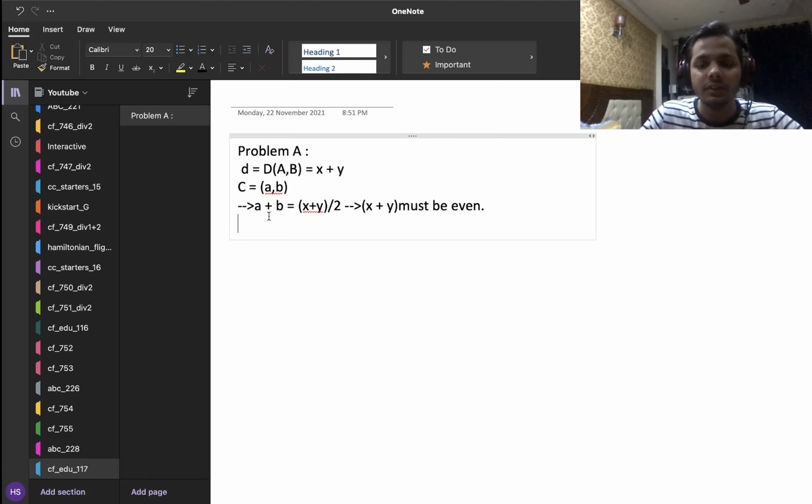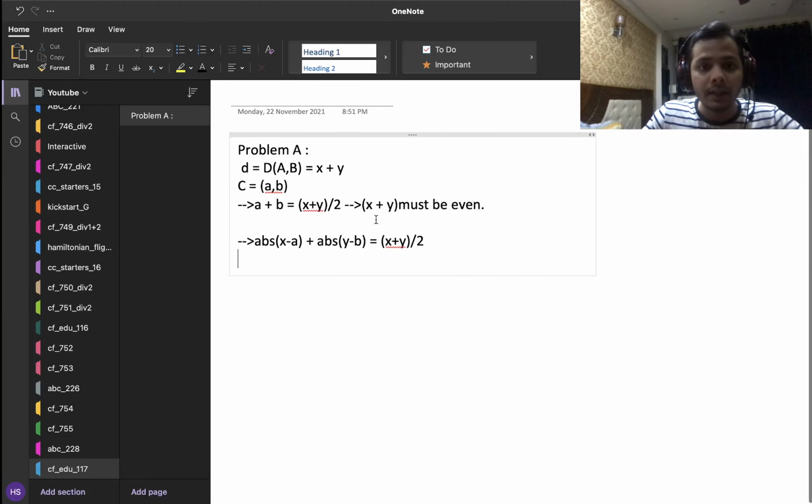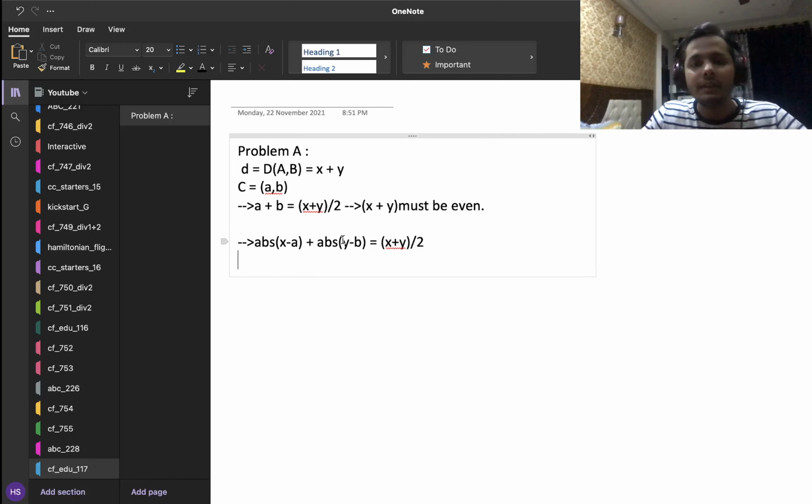Now this is the first equation, but according to the second equation, I want the Manhattan distance between B and C to also be equal to (x plus y) by 2, and the Manhattan distance between B and C is the absolute value of x minus a plus the absolute value of y minus b, and I want this to be equal to (x plus y) by 2, right? Now there are various solutions to this problem.